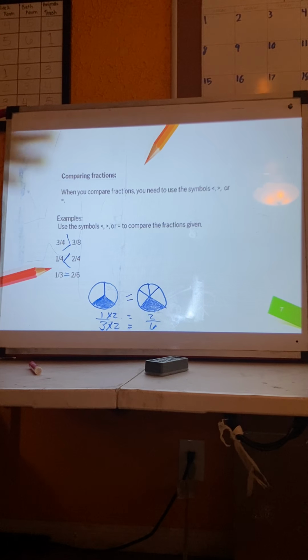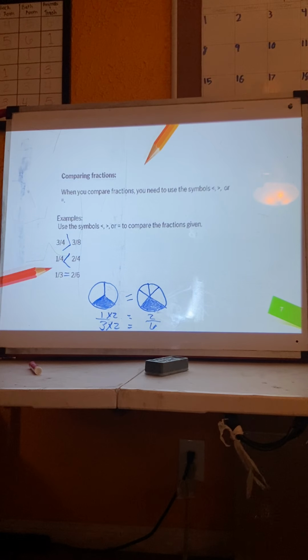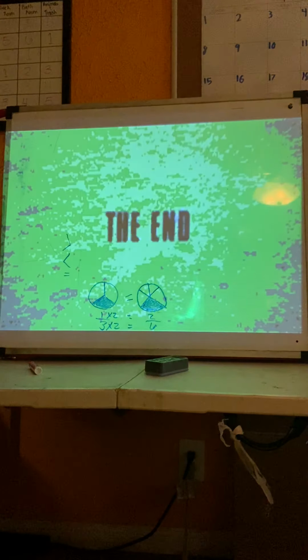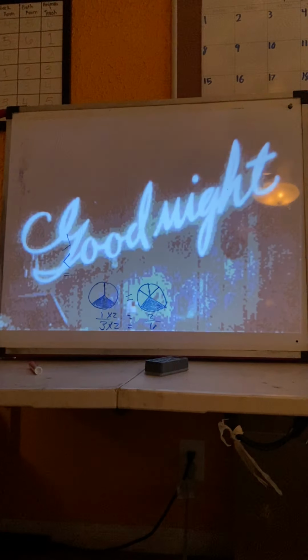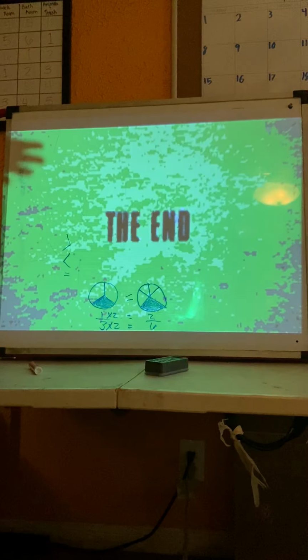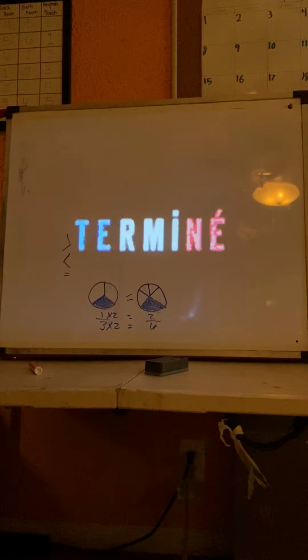That's going to tell you which one is bigger, which one is smaller, or if they're equal to each other. So, equivalent fractions must be equal, the same size, same shape. Comparing fractions: find the bigger number, find the smaller number, or if they're equal.